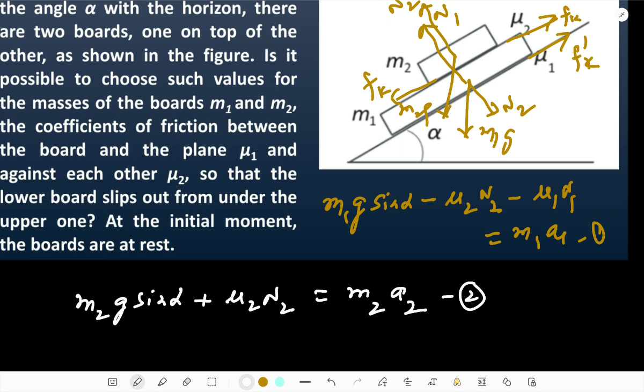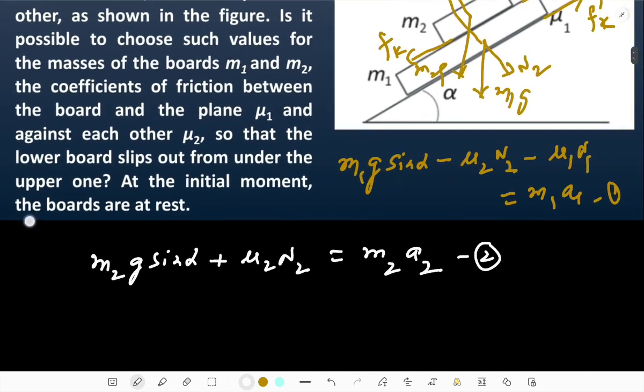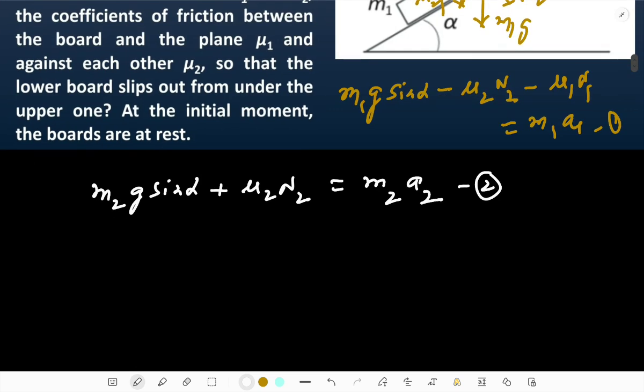And then I do nothing except watching these two equations. And then I got few impressions, like it seems to me that A1 is less than g sin alpha, and A2 will be certainly greater than g sin alpha.